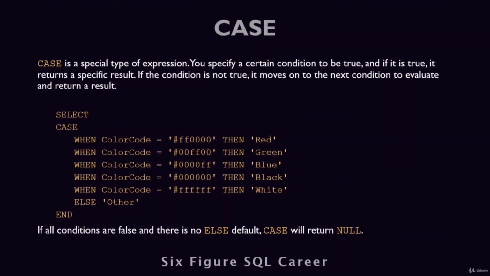If you exhaust all your when conditions, you can use else to specify default condition. If all conditions are false, however, and there is no else default, case will return null as the value. Finally, remember when you have a case expression to always terminate your case expression with the end keyword.